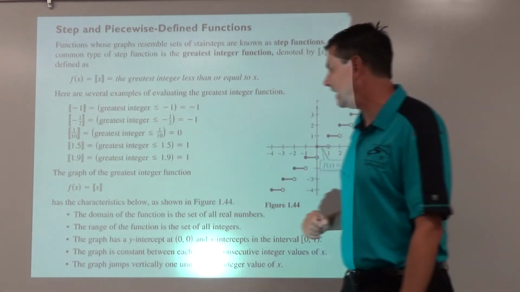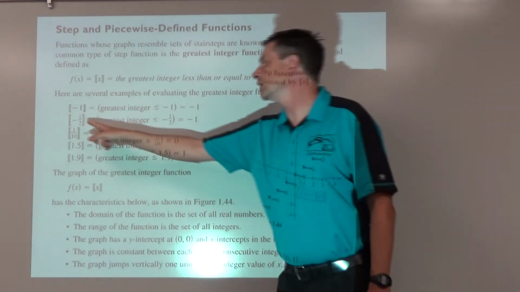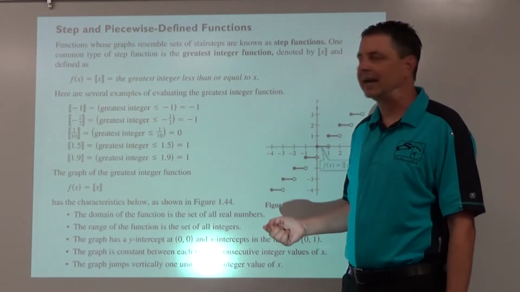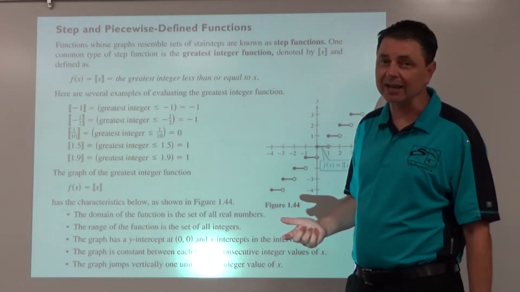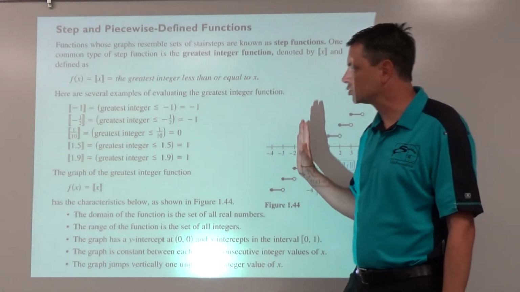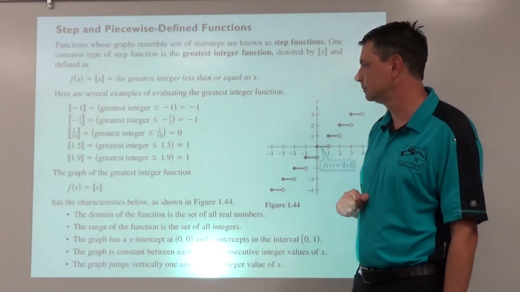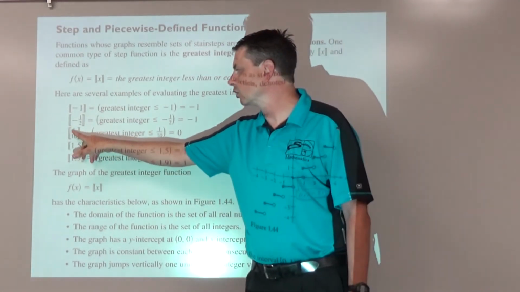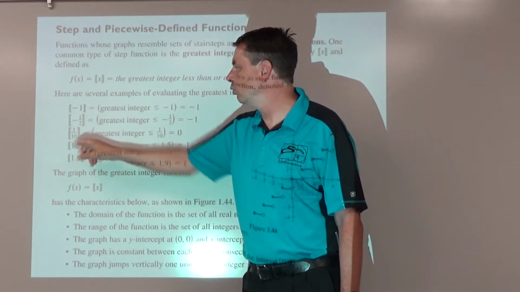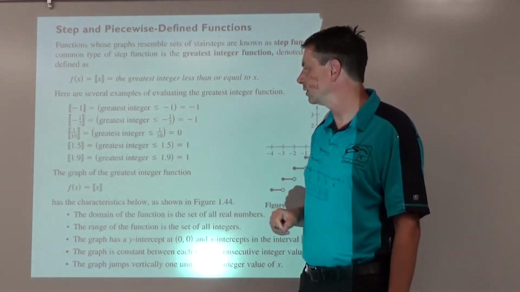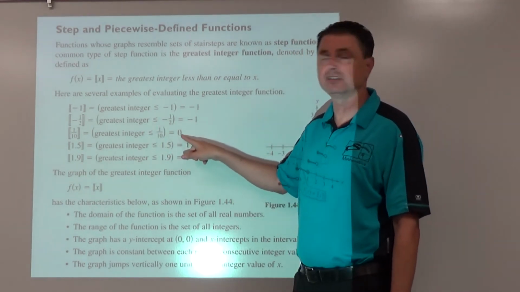However, when we look at -1/2, we're talking about the greatest integer that is less than or equal to -1/2. -1/2 is not an integer, so we're going to have to drop down to the next one below that, and that would be -1. Same thing here, the greatest integer function of 1/10 would be the greatest integer less than or equal to 1/10, and that would be 0.